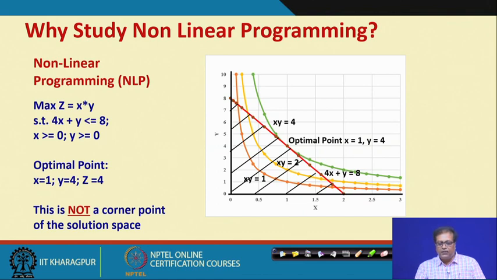Therefore, that is our optimal point. The optimal point is then x equal to 1 and y equal to 4.